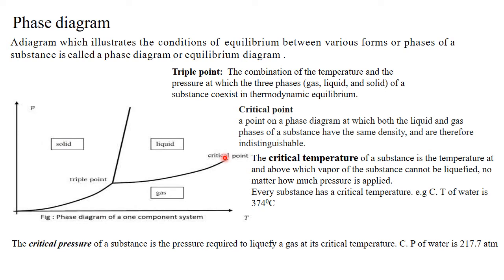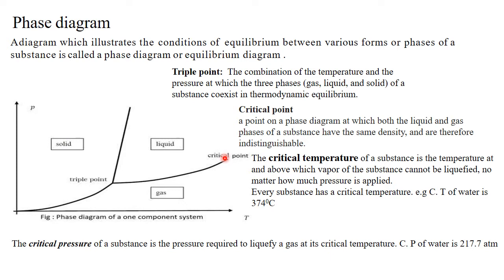Critical temperature of a substance is the temperature at and above which vapor of the substance cannot be liquefied, no matter how much pressure is applied. Critical temperature is that temperature at and above which vapor of the substance cannot be liquefied.